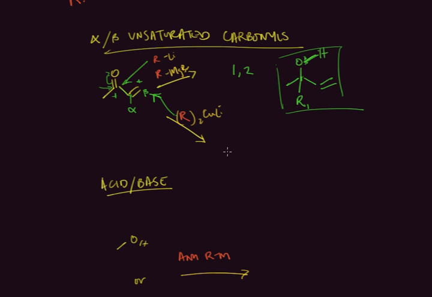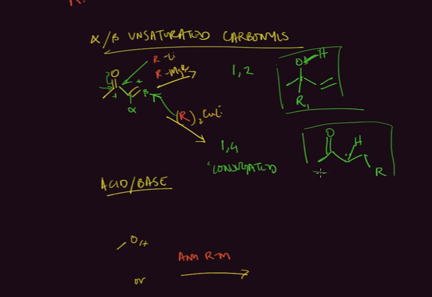And keep in mind, this is called the 1,4 or the conjugated addition. And you have two options here. The R group is added to the beta carbon, and you've got the negative charge on the alpha carbon, and it gets protonated there.